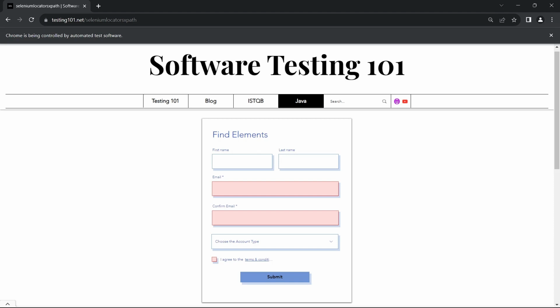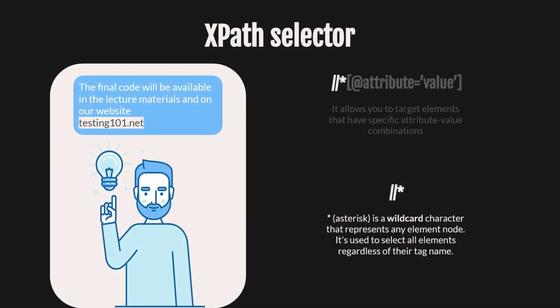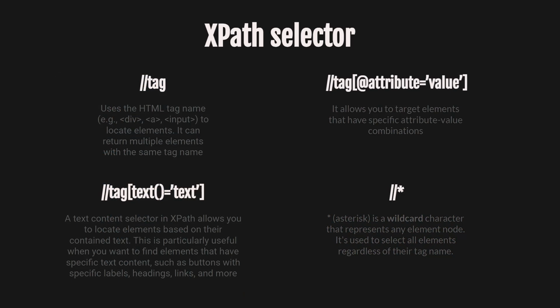The final code will be available in the lecture materials and on our website tested101.net. Thus, we have learned how to write XPath selectors with the tag and attribute value, with the tag and text content selector, and with the asterisk instead of any tag.